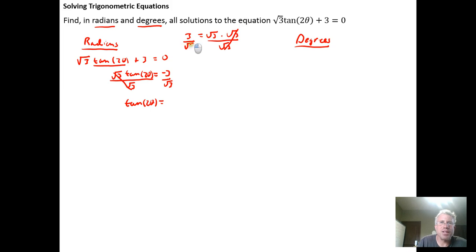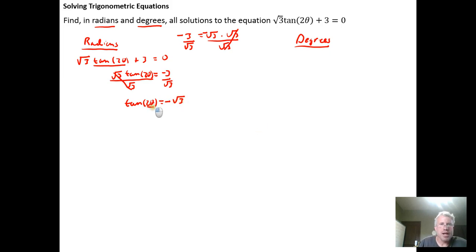Divide both sides of that relationship by the square root of 3, and you get 3 over root 3 equals the square root of 3. And if this happens to have a negative on it, we're going to have a negative on this side. So we can simplify this right here to negative square root of 3.